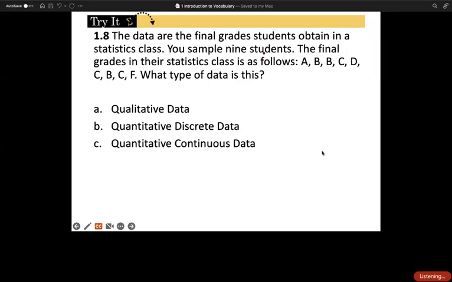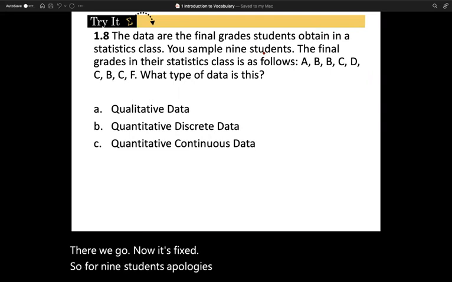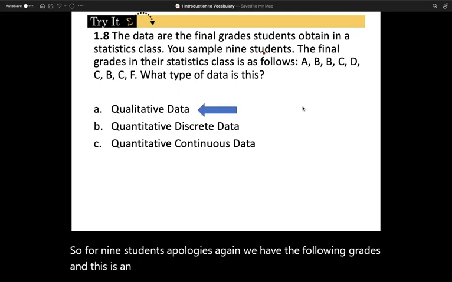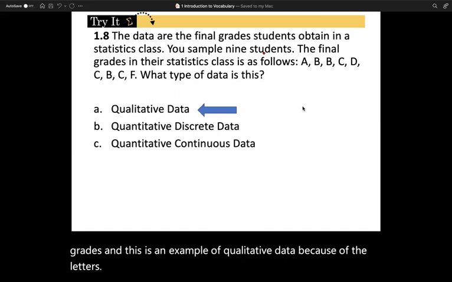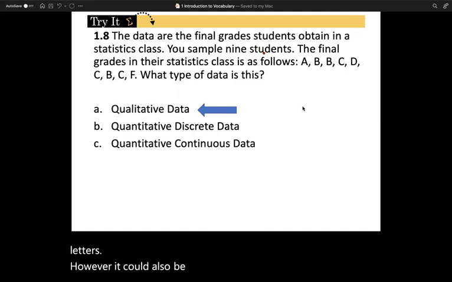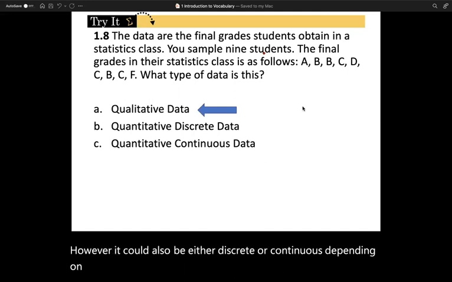There we go. Now it's fixed. So for 9 students, apologies again, we have the following grades. And this is an example of qualitative data because of the letters. However, it could also be either discrete or continuous depending on the value of the grades if they became a numeric assignment instead.